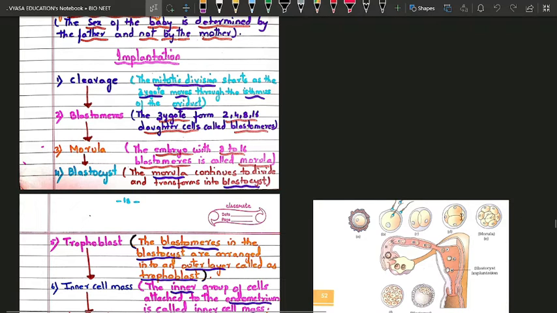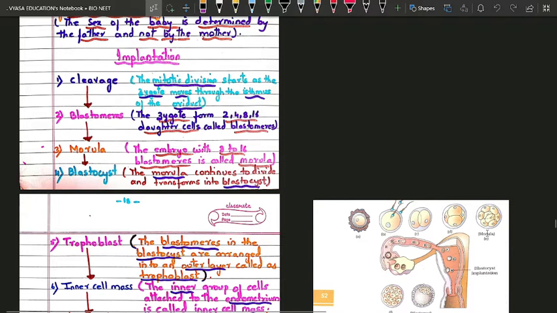Daughter cells are formed, that is blastomeres. The embryo with 8 to 16 blastomeres is called morula. When is it called morula? When it reaches the 8 to 16 stage.